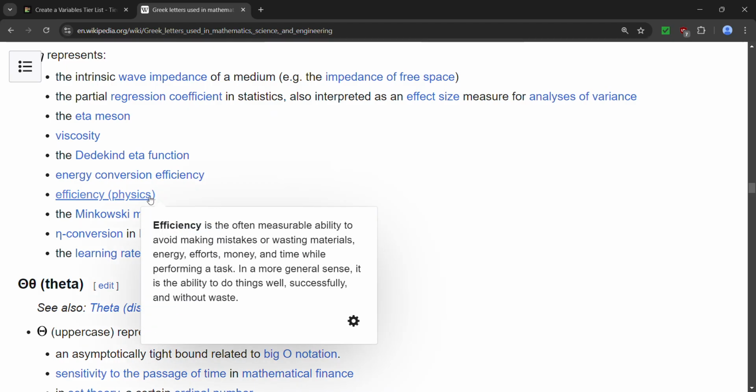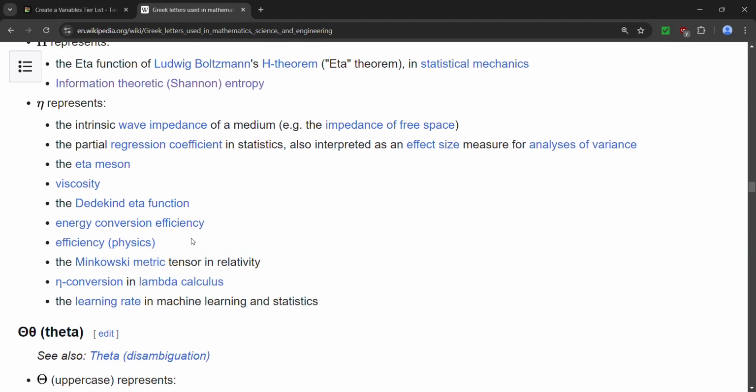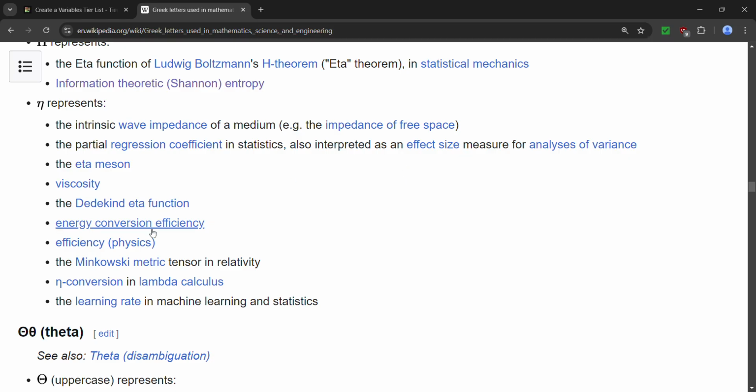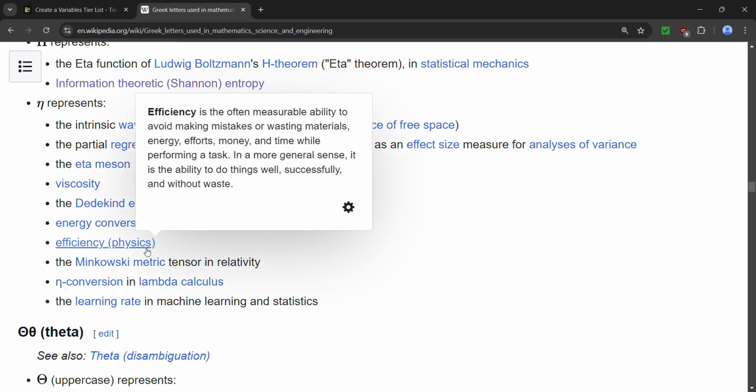Efficiency is really where I'm approaching this. And I thought there was something else that eta represented. I'm sure there is, but these are only the main highlights. I thought there was another big thing that eta represented.